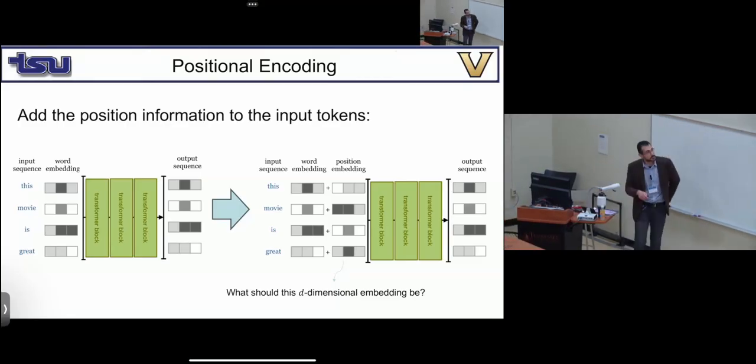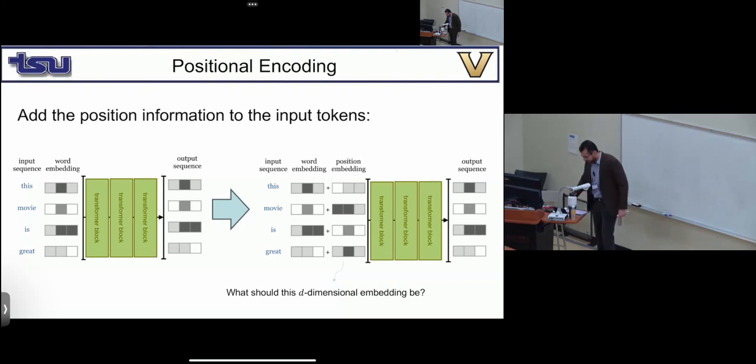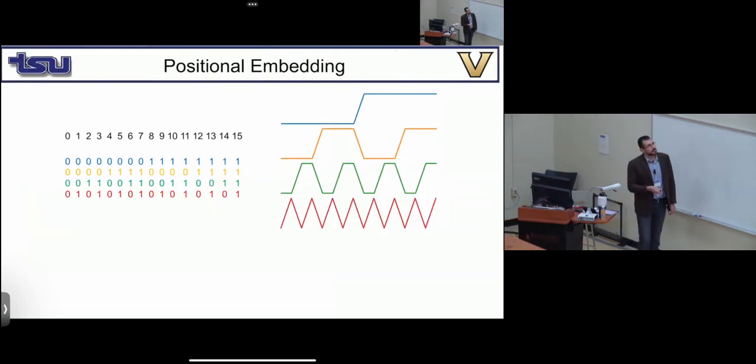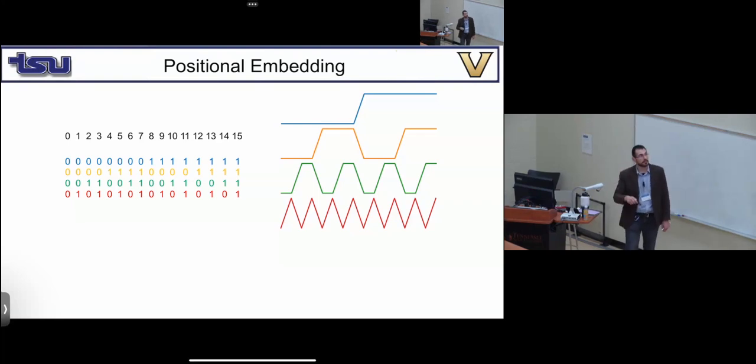Now the question is, what should this d-dimensional position embedding be? So I have d-dimensional token vectors, and I need to add these positions to them. What should those be? Well, let's start with something simple. If I had only 16 positions, I can use 4 bits to encode the position, a 4-dimensional vector to encode those positions. If I put all of these together and look at them as essentially a signal, the first location, second, and so on, I see that if I visualize these, there seems to be a kind of harmonic thing happening here, an increased frequency of a pulse, right?